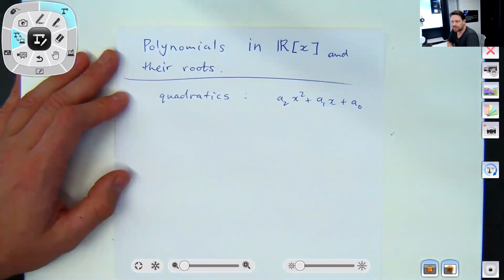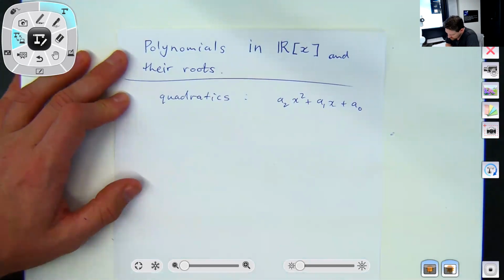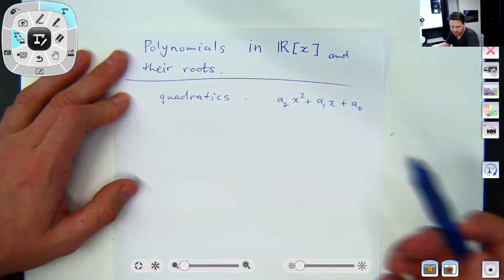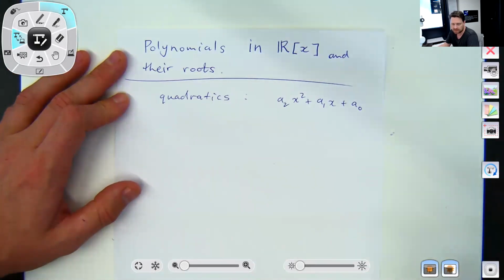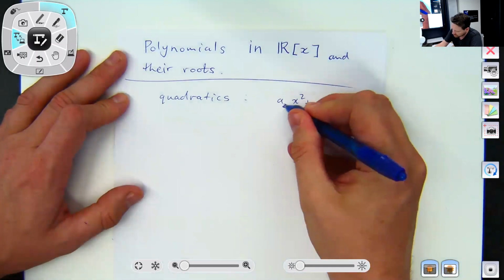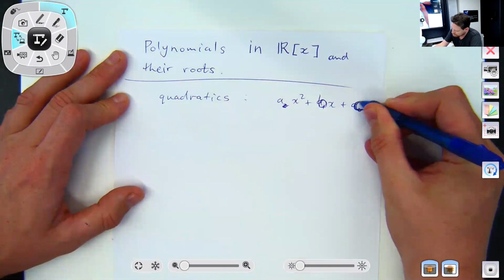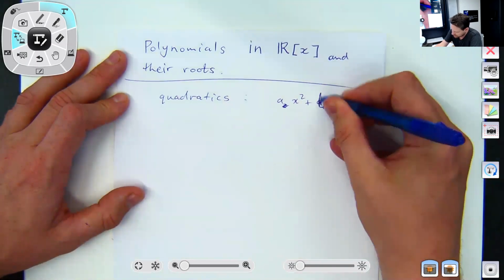Now you've got a couple possibilities depending on the discriminant. So the discriminant of this would be, and I probably should have written a, b, c, right? Because then I can just say b squared minus 4ac. In fact, why don't we just do this now? So a, b, and call this c, okay? Hope that's not too messy.